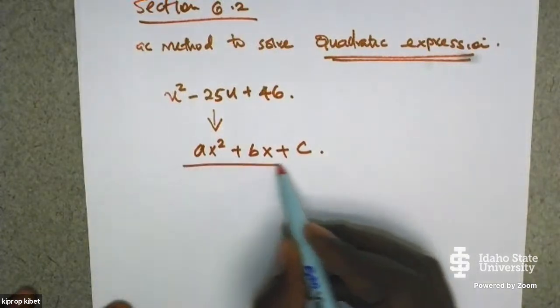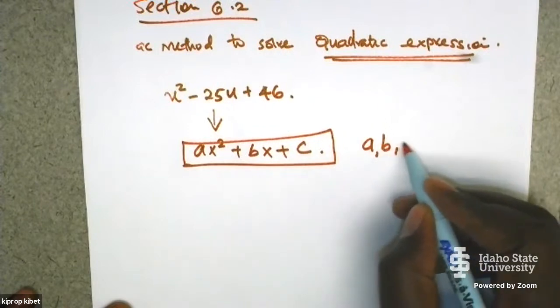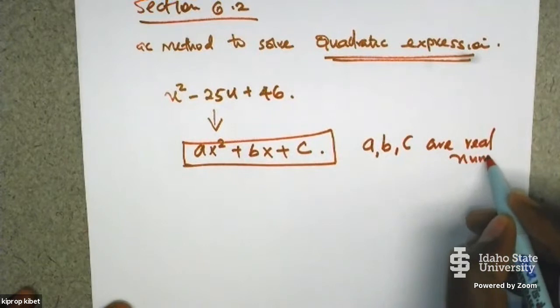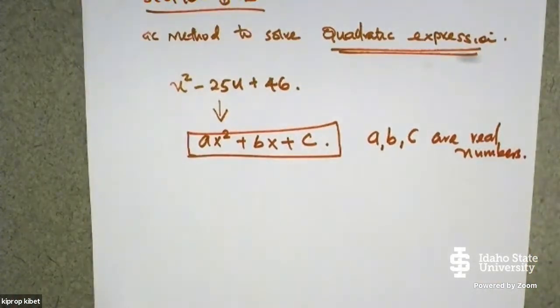Our a, b, and c are real numbers. So they can be positive, negative, or even zero.